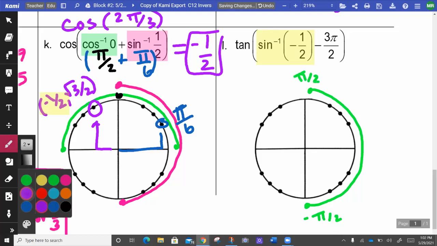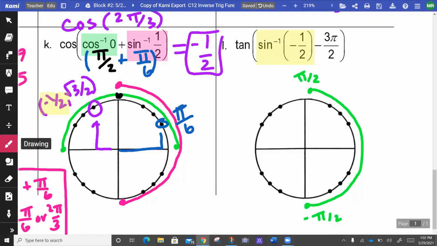So I want where my sine is -1/2. So that's going to be long comma short. That puts me here, which is going to be at a -pi6. So this is really a -pi6 minus 3 pi halves. That's the math I'm going to do.